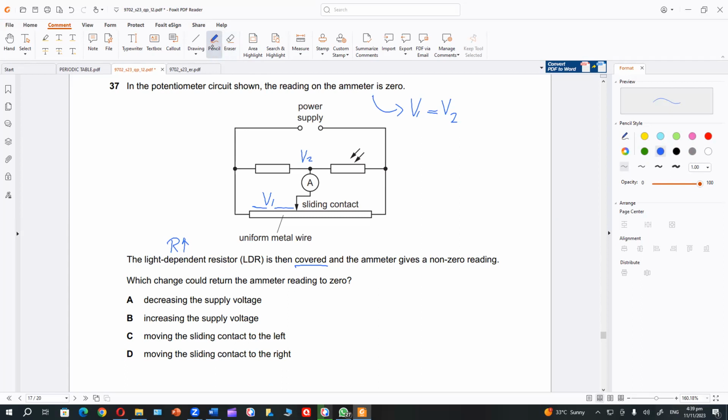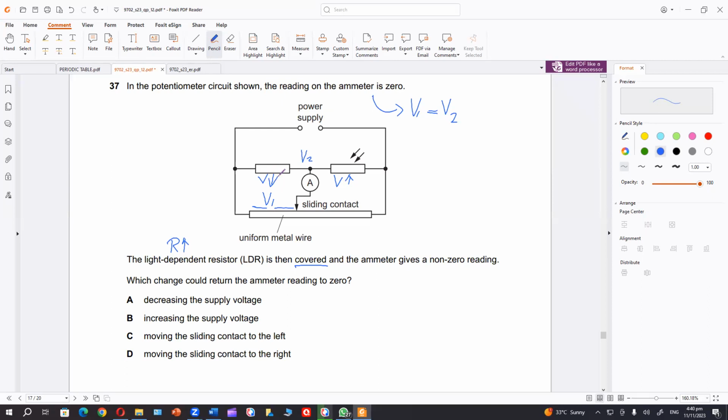It would be C, moving the sliding contact to the left. When you switch on, the voltage across LDR, V here, will increase and V here will decrease. So we need to balance it.